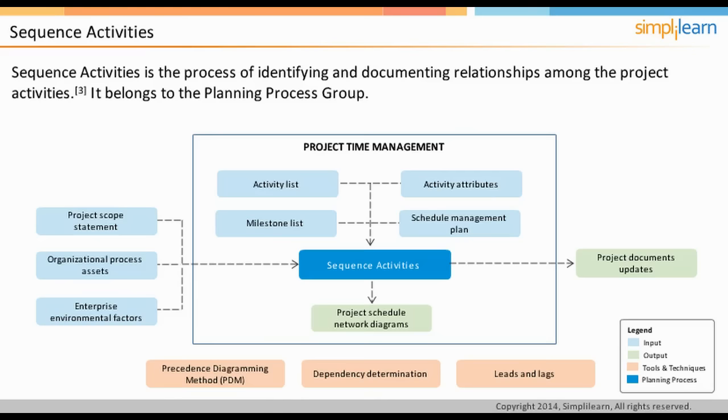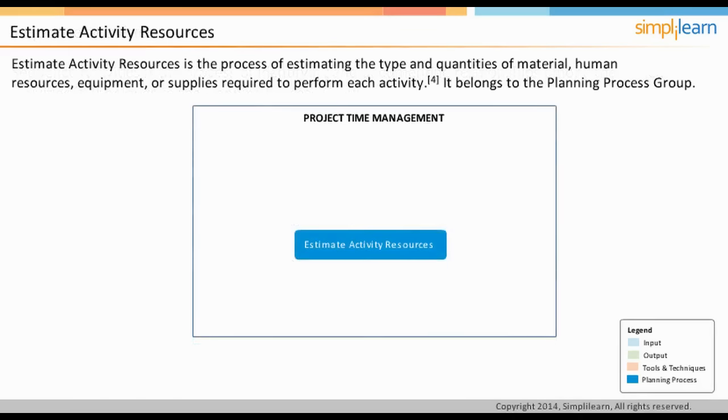In the next screen, let us look at the Estimate Activity Resources process. After sequencing the activities, the next step in project time management is estimating the resources required to accomplish each of the identified activities. Estimate Activity Resources process also belongs to the planning process group.